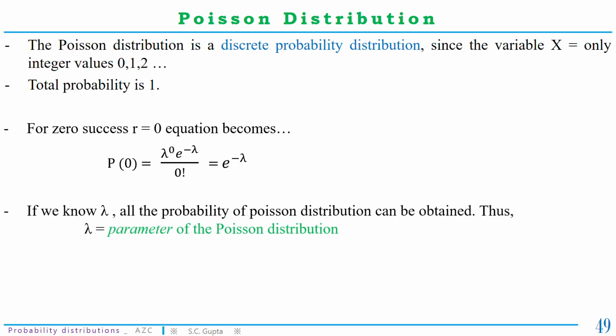If we know lambda, all the probabilities of the Poisson distribution can be obtained. Thus, lambda is the parameter of the Poisson distribution. In the Poisson distribution, mean is equal to variance is equal to lambda.